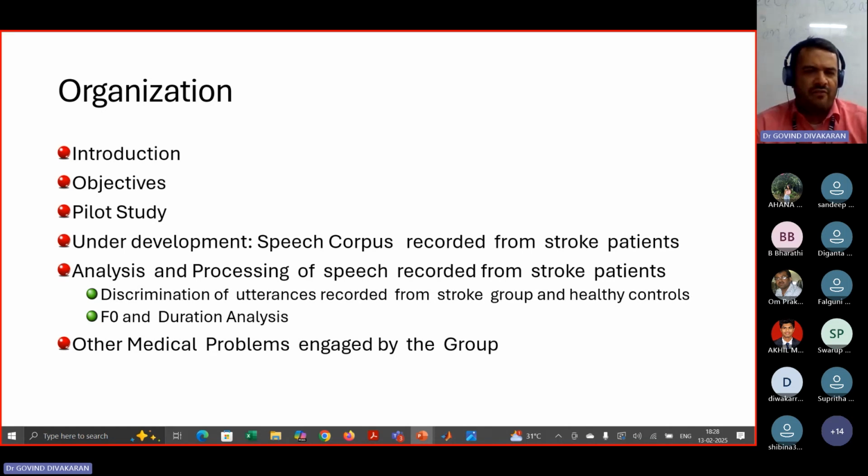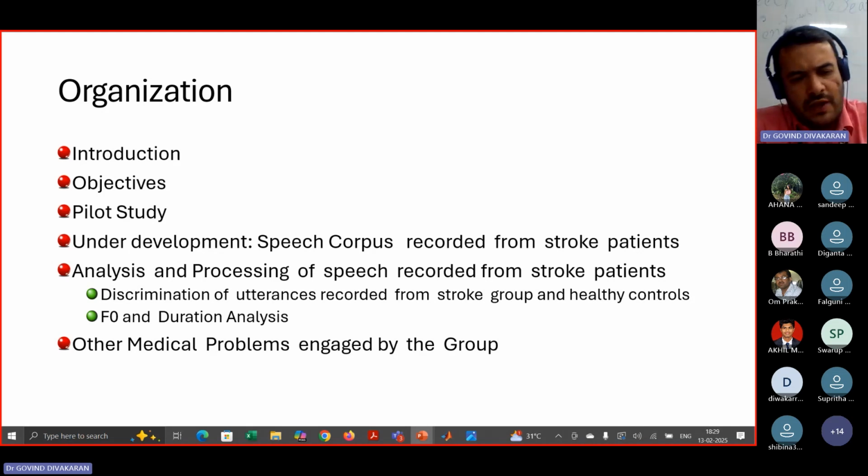As of now, we have frozen one set of data which consists of 50 stroke patients and 50 healthy speakers, healthy controls. With that we have started some analysis, two-class classification and detection. These are the basic works that I will be presenting here.